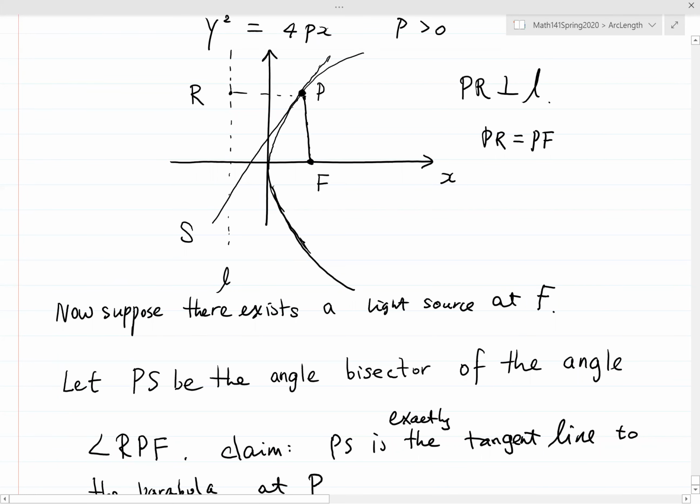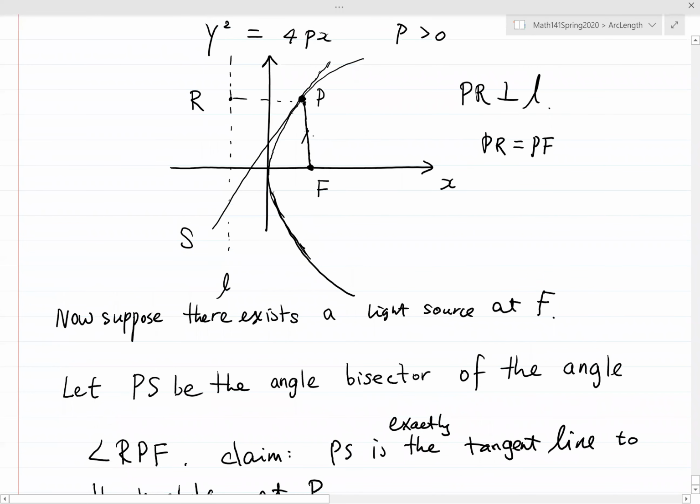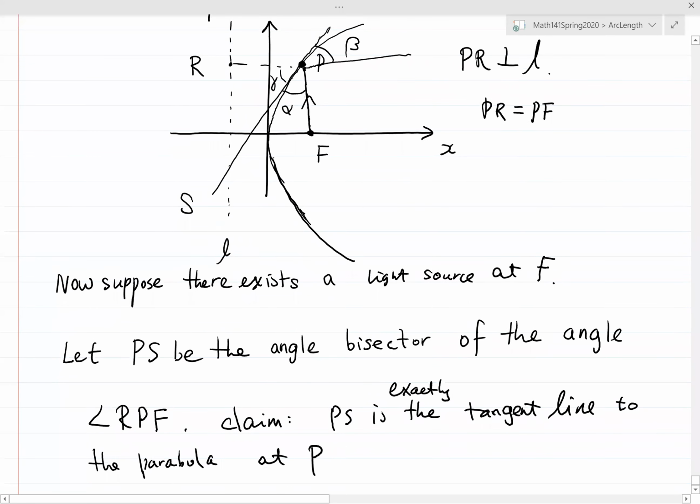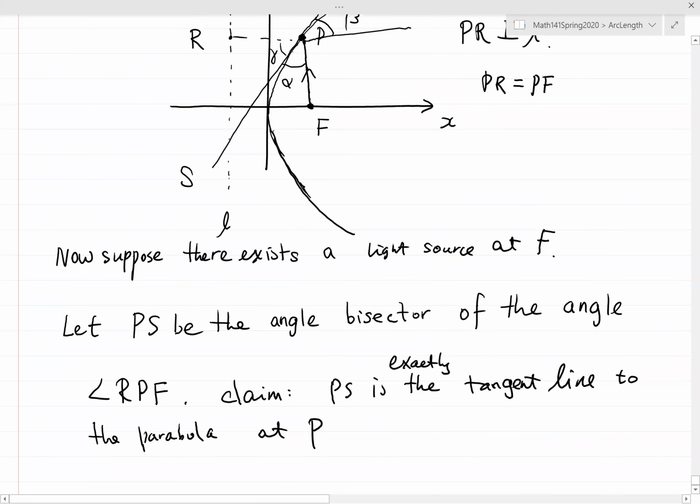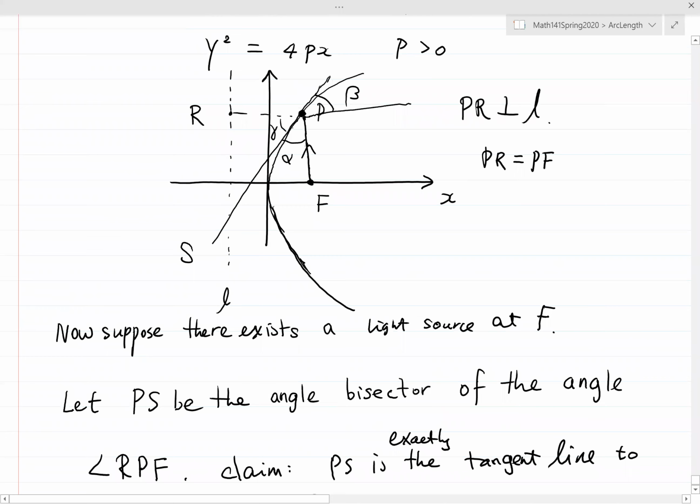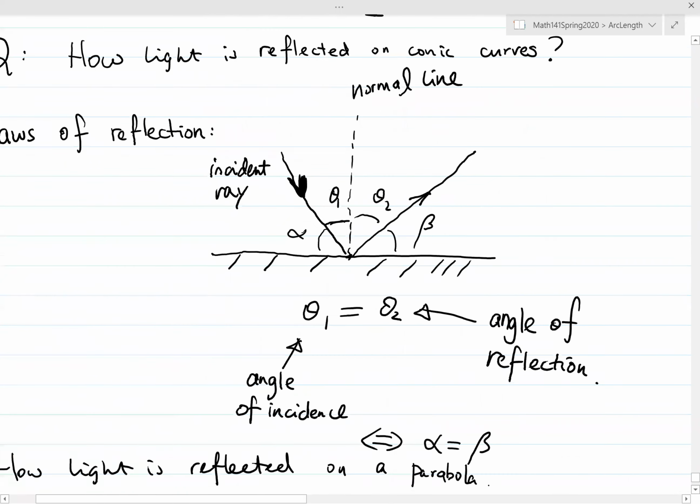How light is reflected. Suppose we have PF. So you get this angle alpha, then you get this angle beta, then you get this angle gamma. Look at this picture.